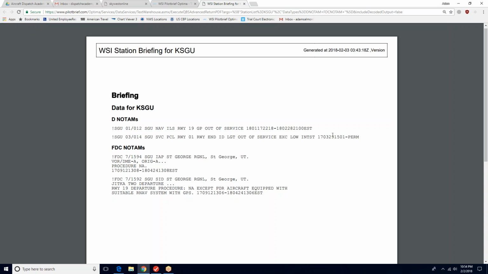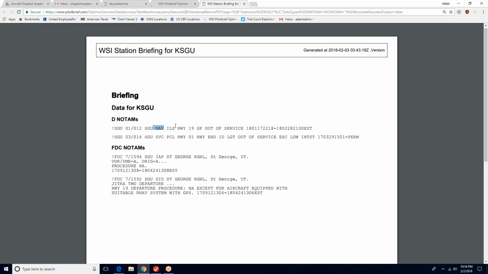And then the rest of this is basically the issue or the service or item that is affected. This is a navigation NOTAM. The nav here is the subject, the classification of the NOTAM.